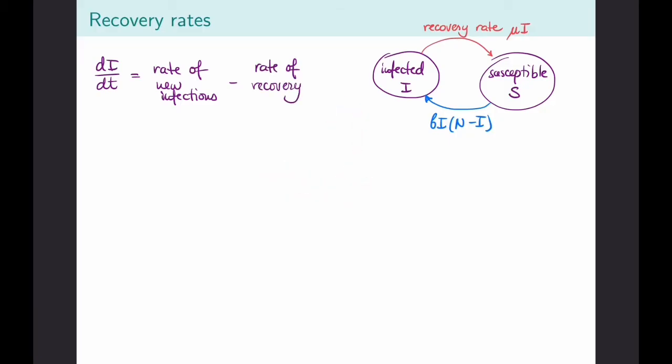Now, both of those things I can rewrite in terms of my variables in this diagram. The rate of new infections is how fast the susceptible people become infected. So this is bI times (N minus I), which is our old model.